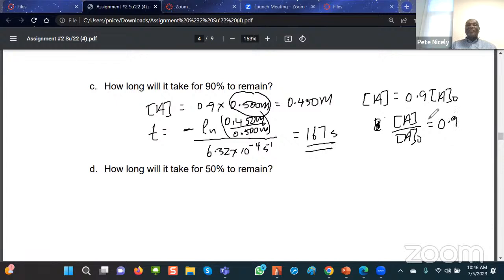And therefore, this value here could go in that parentheses right here. You could simply replace all of this with 0.9 and you're going to get the same result.